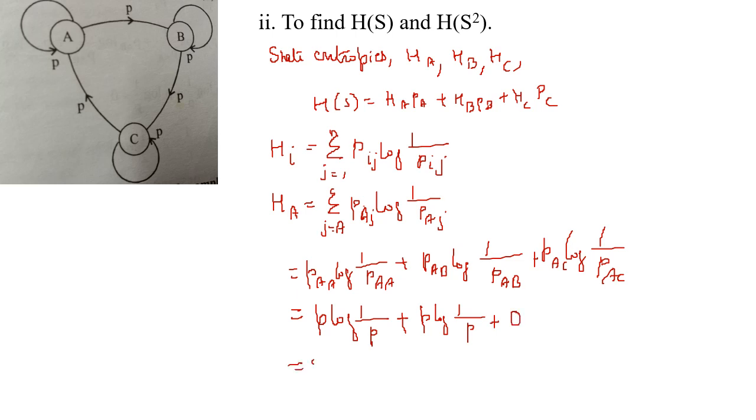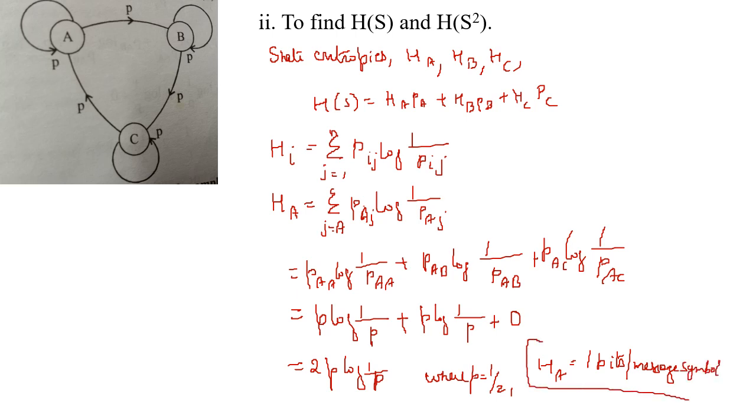So this is nothing but 2 into P log 1 by P, and we know the value of P, which is equal to half. If you substitute, we'll get HA equal to 1 bits per message symbol. So this will be the value of your first state, that is your HA.